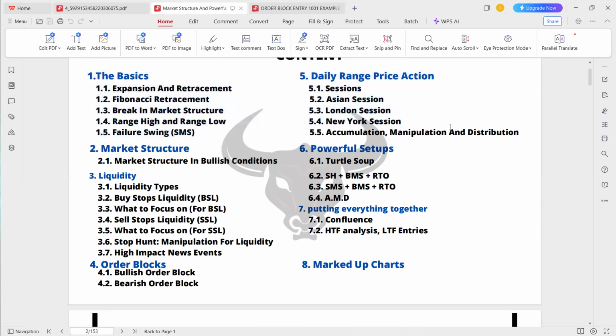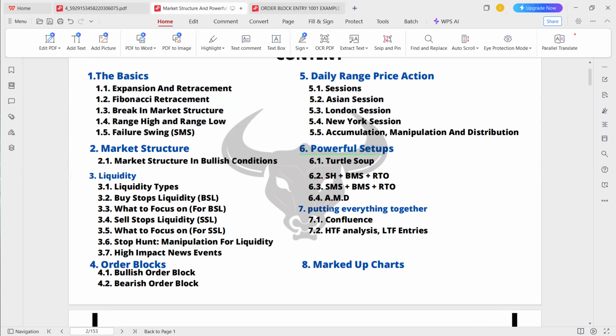So pretty much simple. We're going to start with the basics. For anyone who doesn't know, just know that we start from the basics. Then we'll get into the deeper market structure, liquidity, order blocks, the daily range price action. Then we're going to jump into the powerful setups in chapter 6.